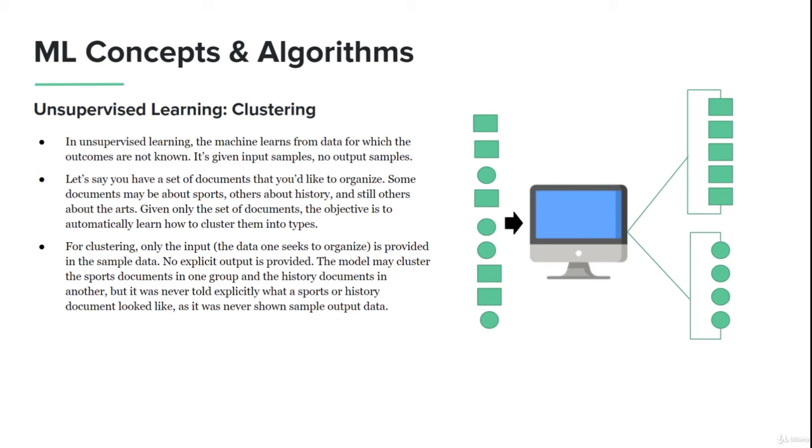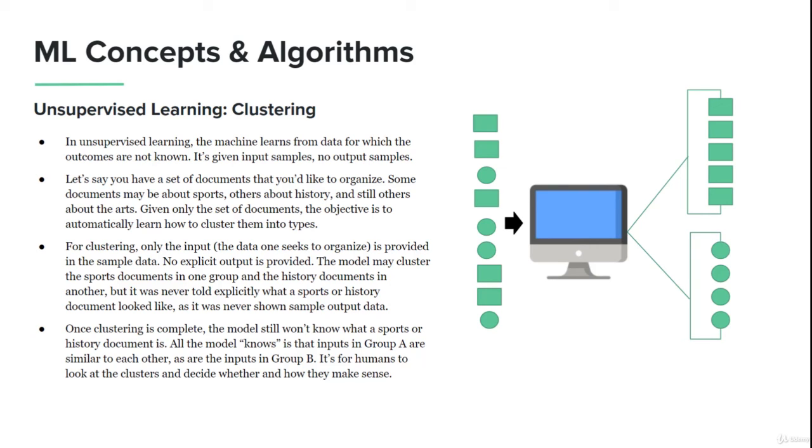Because it doesn't have sample output data to work with. And so once clustering is complete, the model still won't know what a sports or history document is. All the model knows is that the inputs in group A are similar to each other and the inputs in group B are also similar to each other, right? And so it's up to us to look at the clusters and decide whether and how they make sense. So this is essentially what clustering is all about.